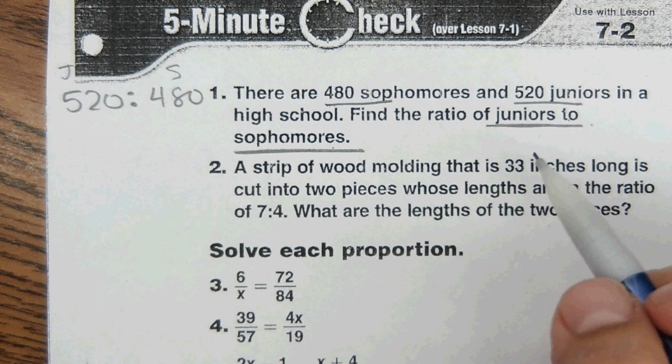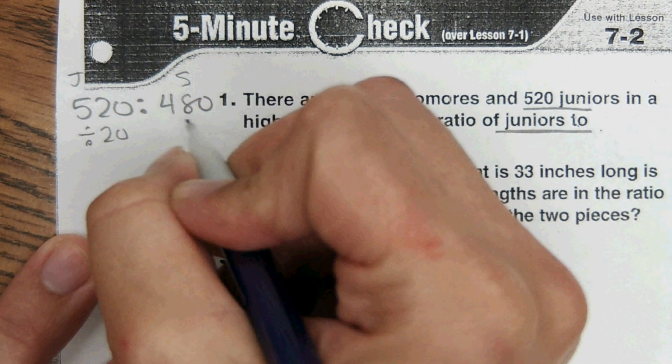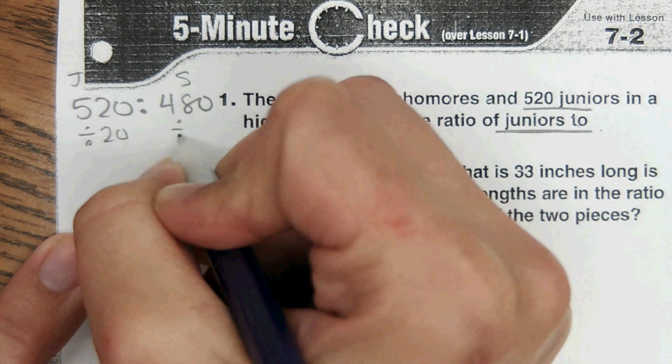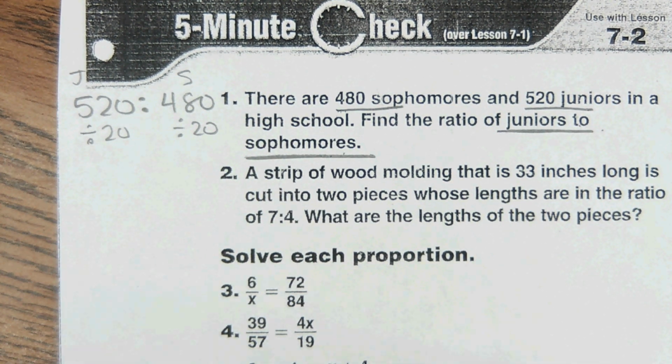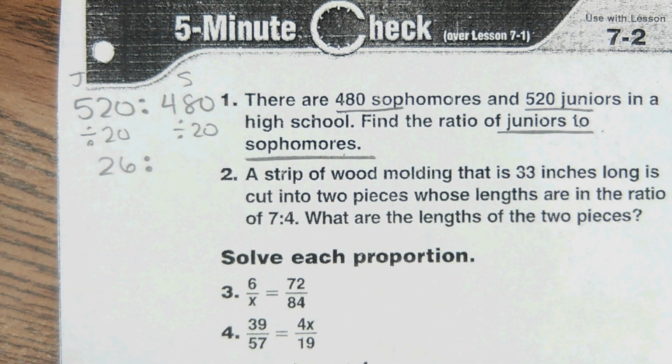It wants you to simplify this, so just choose a common factor. Maybe that is 20. We're going to divide both of these by 20. 520 divided by 20 is 26, and 480 divided by 20 is 24.